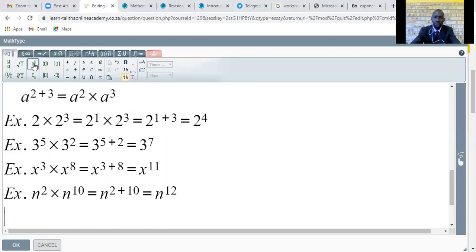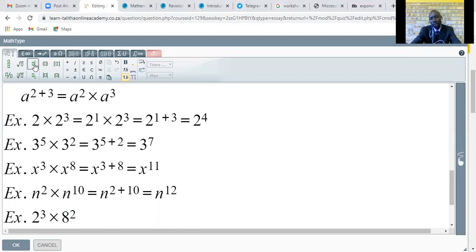For example, if you are given the number 2 with exponent of 3, and now this one is being multiplied with 8 with exponent of 2.